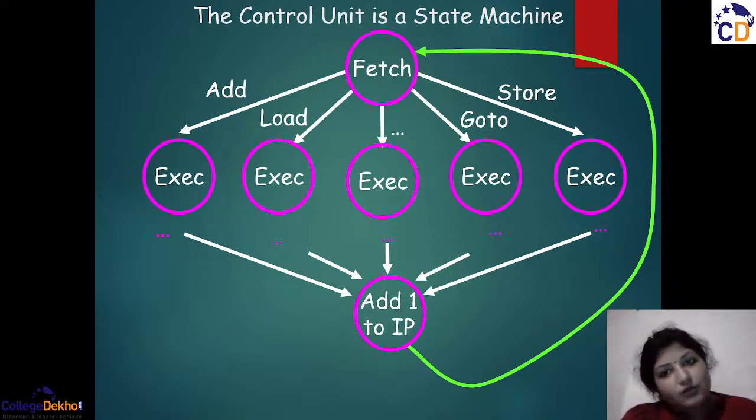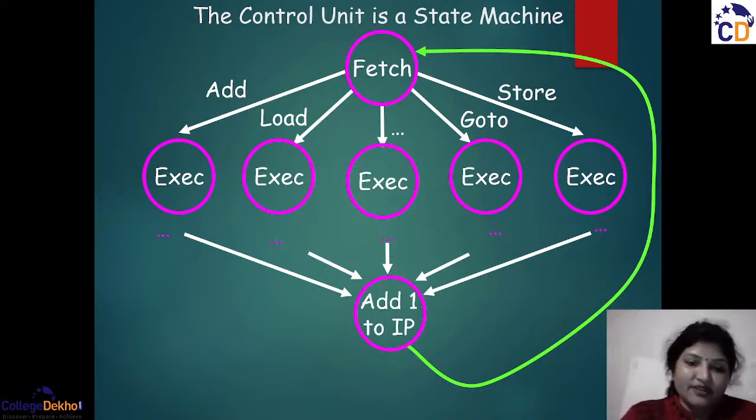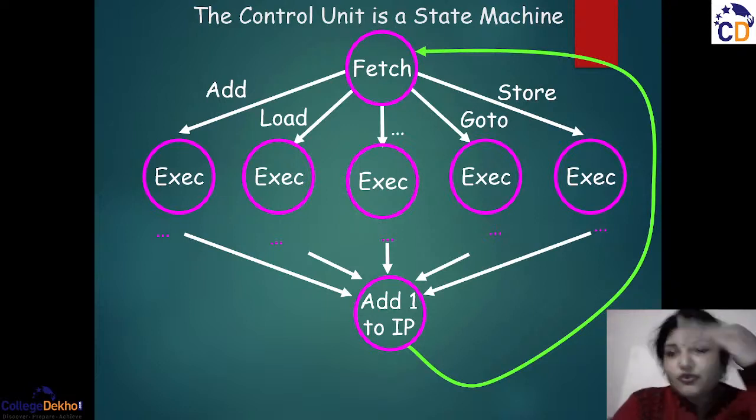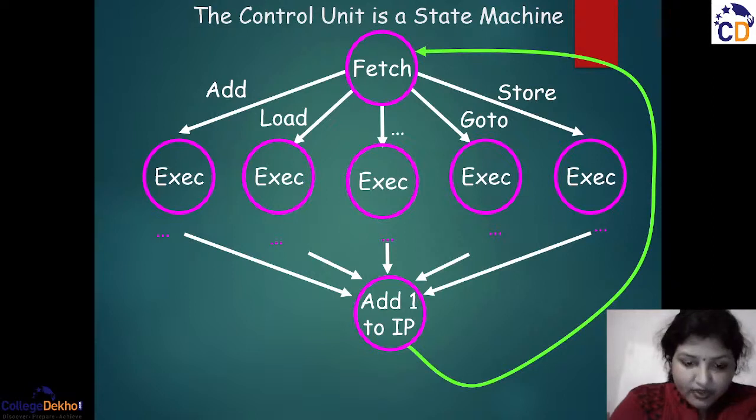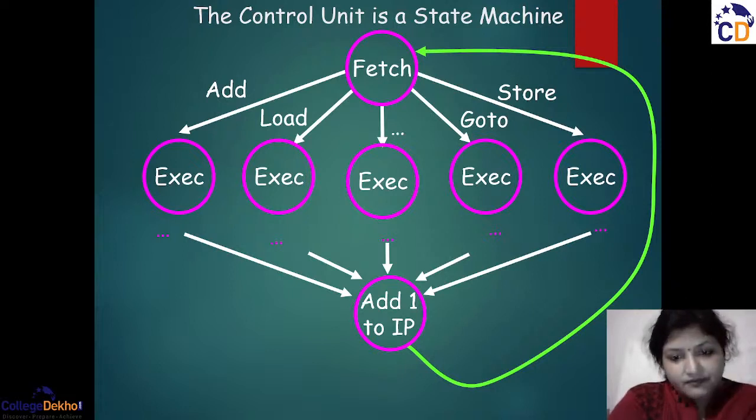How do we come out of this problem? We need to add 1 to the instruction pointer, right? So that we can move to the next instruction. If we are not using the instruction pointer or instruction register, this cycle would remain incomplete. It is of no value then. Why? Because again and again only one statement will be executed.